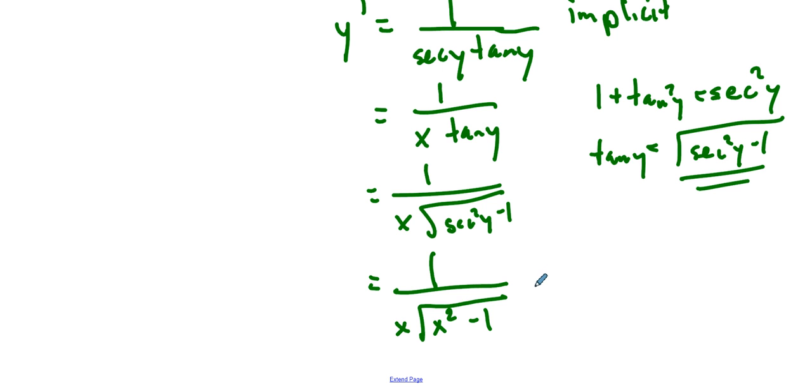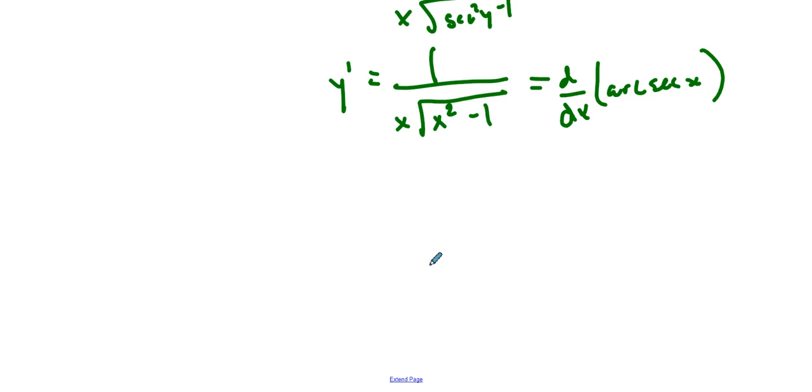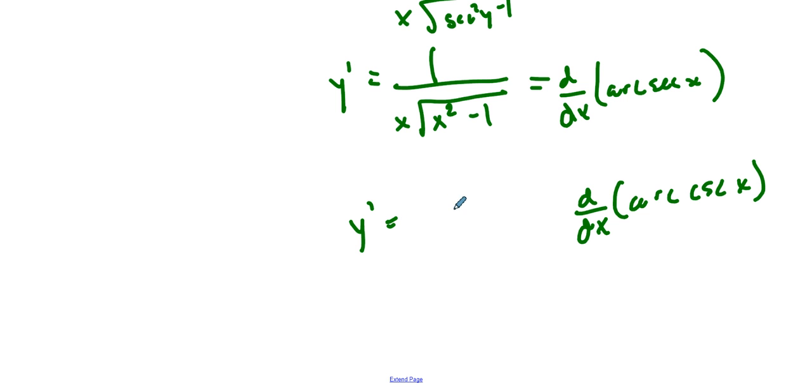That's what we have right here. This is going to equal the derivative Y prime, which is actually the derivative of the arc secant of X. If we did the opposite and wanted to find the derivative of arc cosecant of X, it'll be the same process, except when we take the derivative of cosecant, we get a negative.